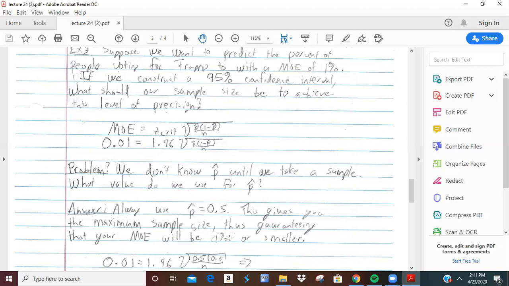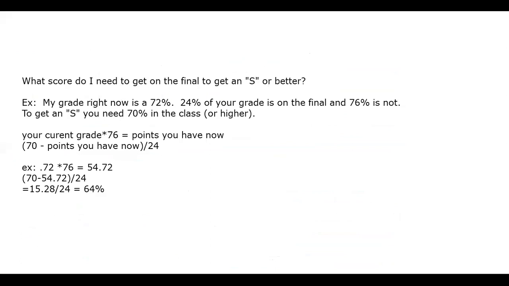So I'm going to do this problem on the whiteboard. We had our margin of error, 0.01, is equal to 1.96 multiplied by the square root of, replace p hat with 0.5, multiply that by 1 minus p hat, and divide by the sample size, which we don't know, n.